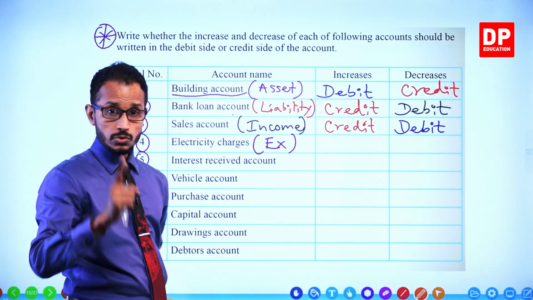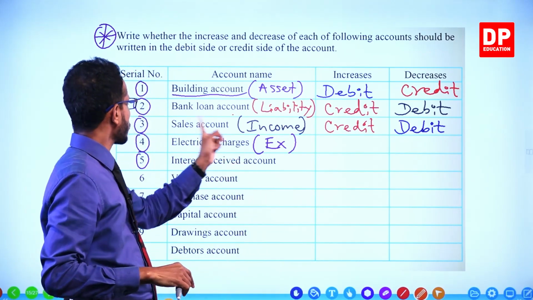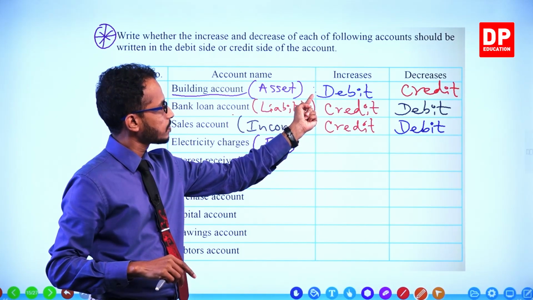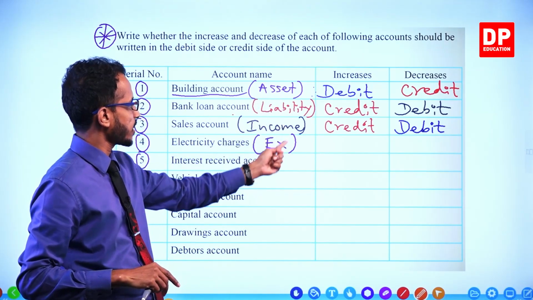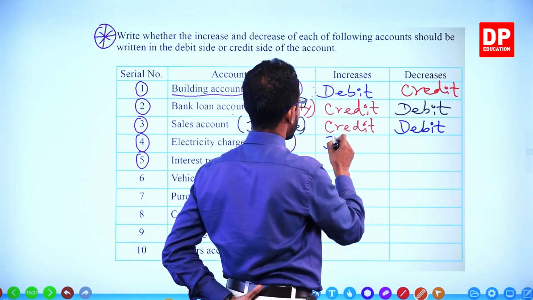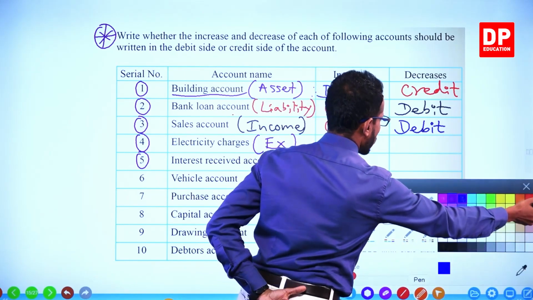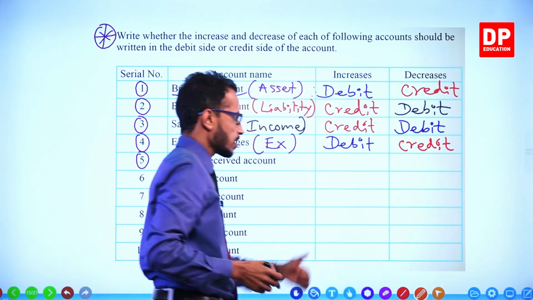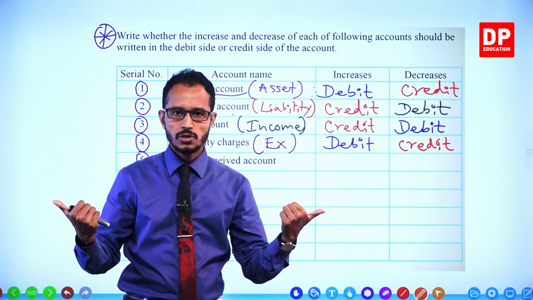And you know that assets and expenses are on the same side. Increasing debit, assets and expenses. Increasing is always debit. Decreasing, if increasing are debit, decreasing are obviously credit. Two sides only.